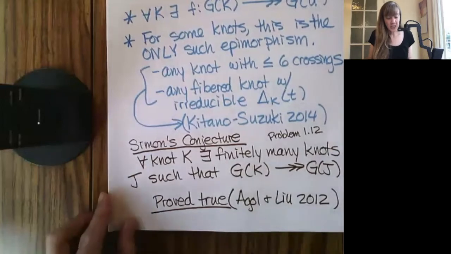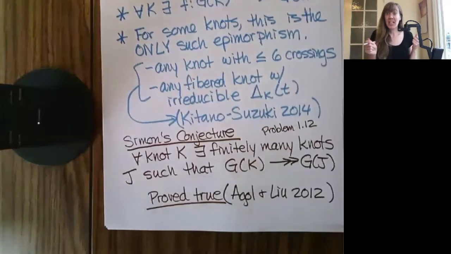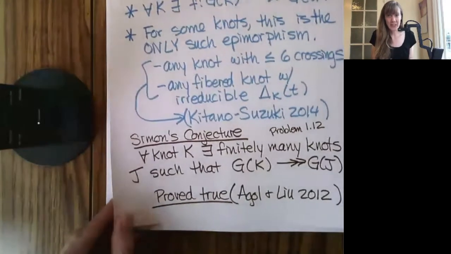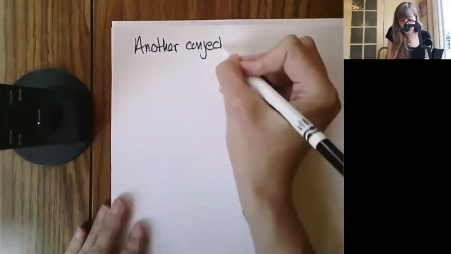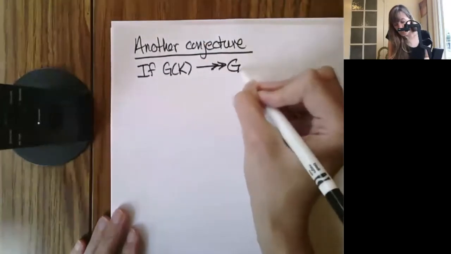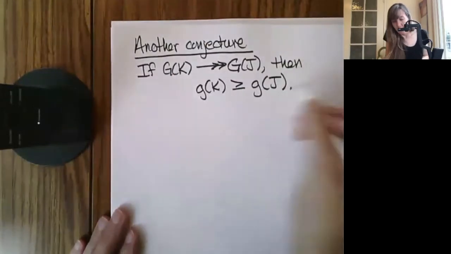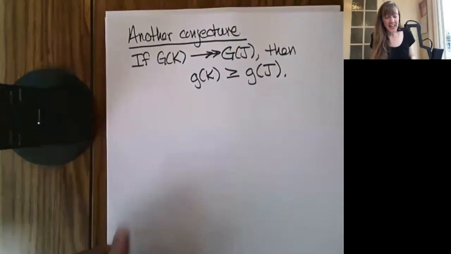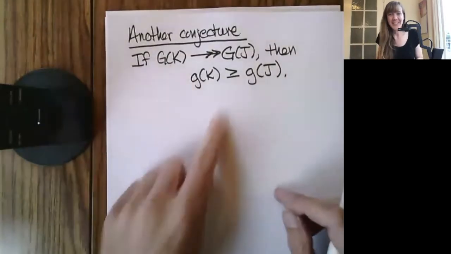Another conjecture in this list, also by Simon, asked how the genera of the two knots relate to each other. All right, so it conjectured that if the knot group of K surjects onto that of J, then the genus of K has to be greater than or equal to that of J. And for those of you who maybe need a refresher, what does little g of K represent?